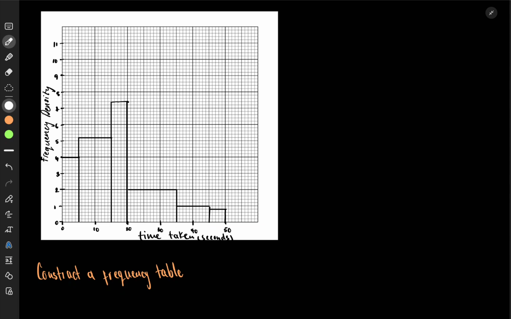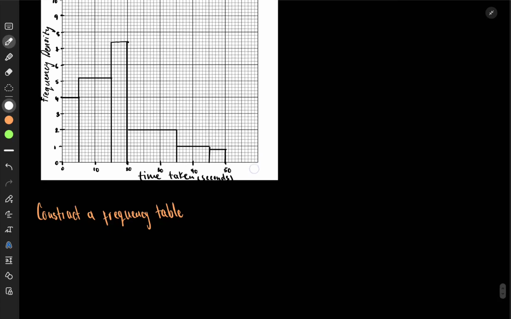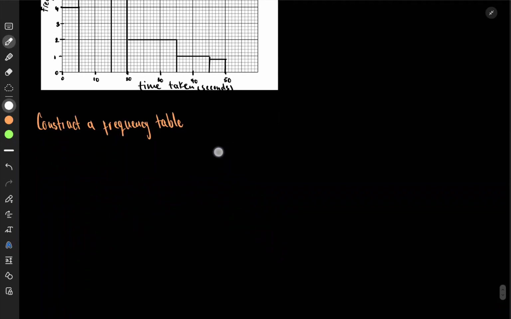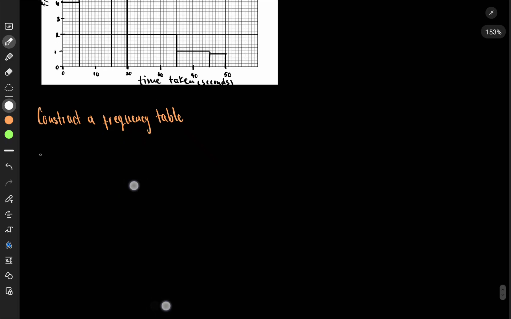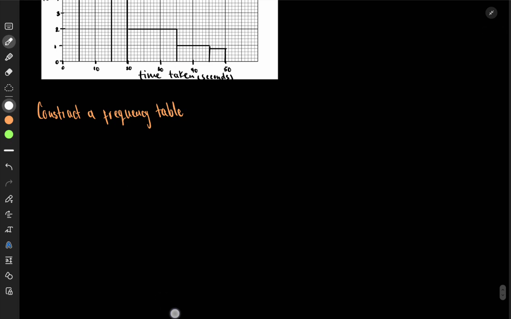Now, they want us to make the frequency table. So what are we going to do? Well, remember, a frequency table is like a frequency distribution, right? So first I'm going to take the x-axis, which is time taken, in seconds.